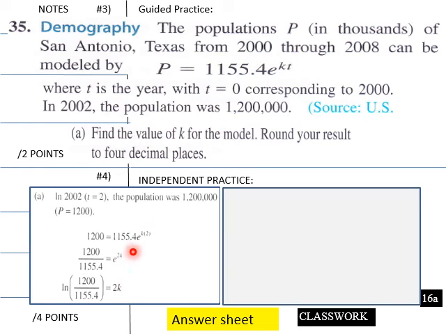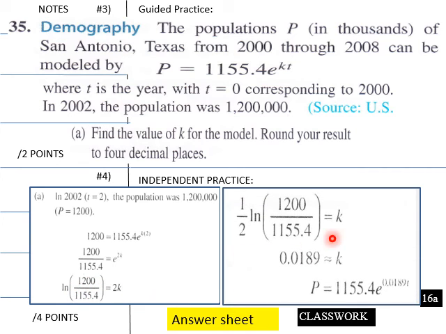We divide through by 1155.4 on both sides, and then take the natural log of both sides to get rid of the e. Then we divide through by 2, so we have 1/2 natural log 1200 over 1155.4 equals k, and this quantity becomes 0.0189 equals k.